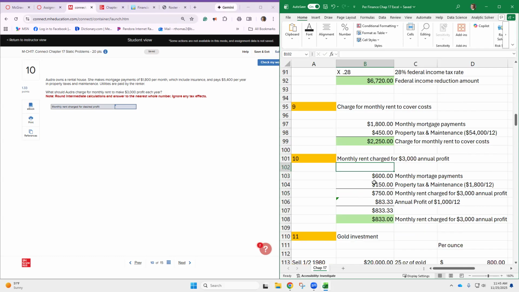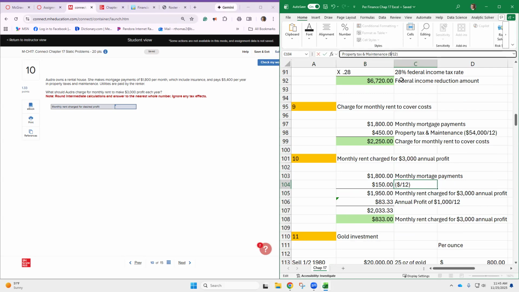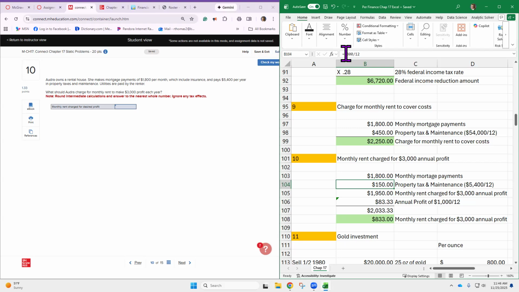Monthly mortgage payments. Once again, up here, we're using that information, $1,800. And then the property tax and maintenance divided by 12 is the $5,400 divided by 12. That's the $450 that we have right here. So we're just repeating what we did.